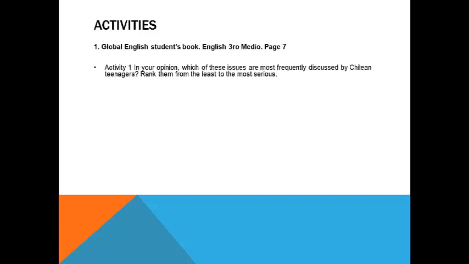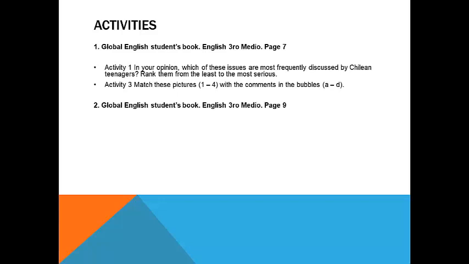Alright, so finally let's check some of the activities that you will develop for this lesson. Activity number 1. In the student's book, it says the following. In your opinion, which of these issues are most frequently discussed by Chilean teenagers? Rank them from the least to the most serious.